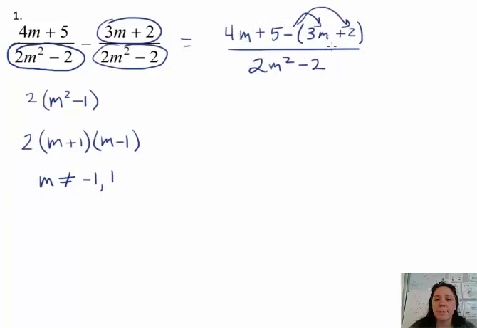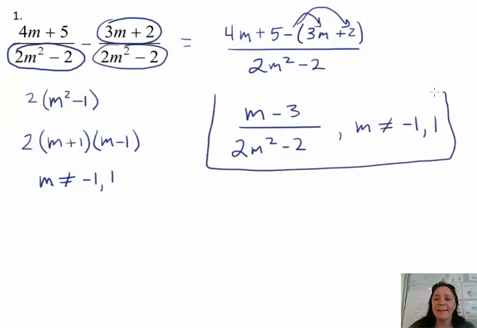So I have 4m minus 3m is m, and I have 5 minus 2 is 3, so m minus 3 over 2m squared minus 2, m not equal to negative 1 or 1, and there is my final answer.